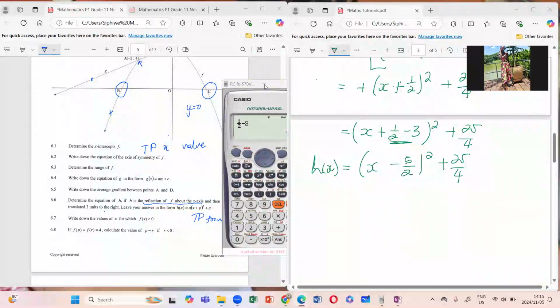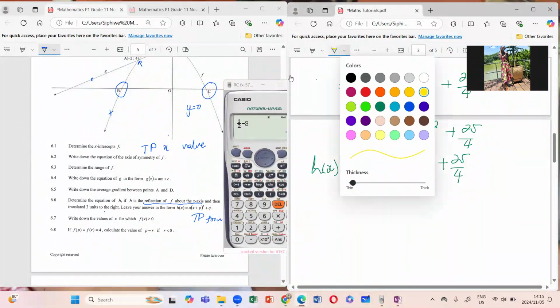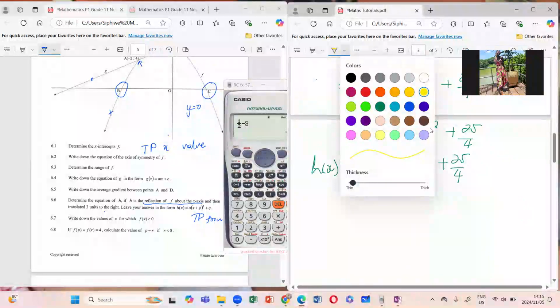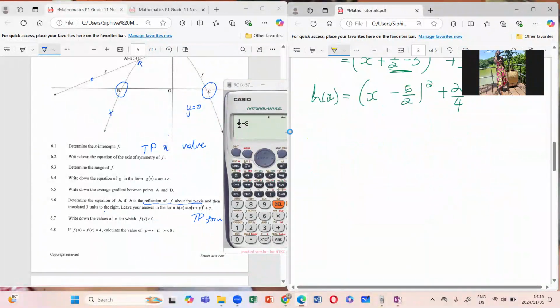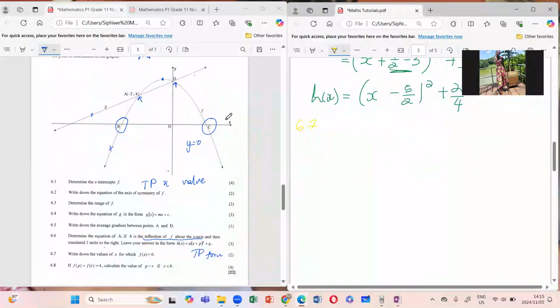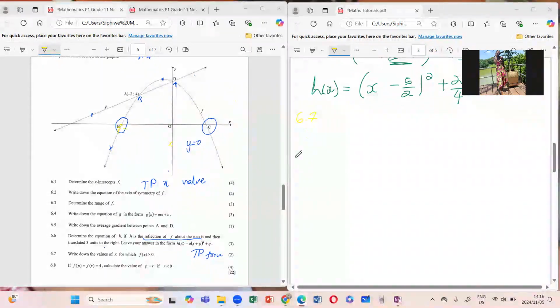Then the next thing, let's change color. 6.7 says for which x is f of x greater than 0. So we need to go back to our graph and look for the values of x where y is more than 0.